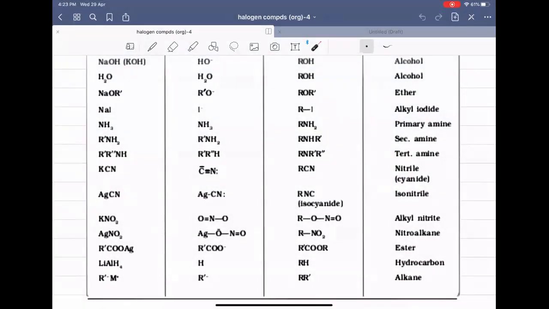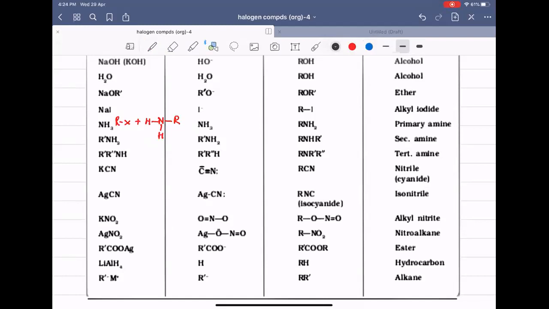Going back to you. So now, instead of taking NH3, if you take RNH2, the reaction would probably go like this: RX plus R dash NH2.